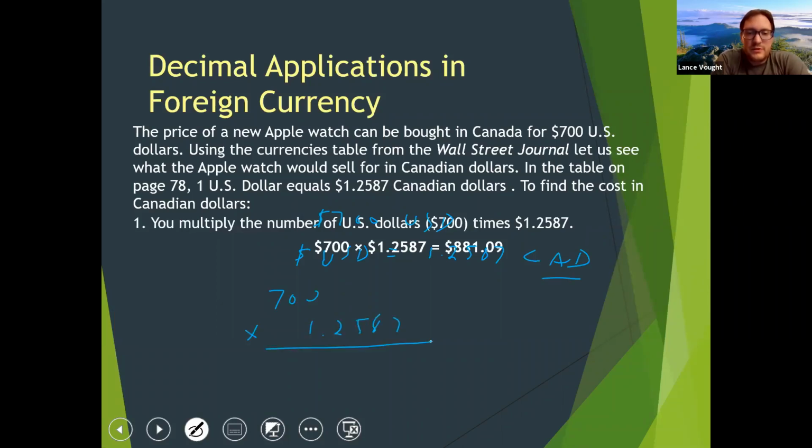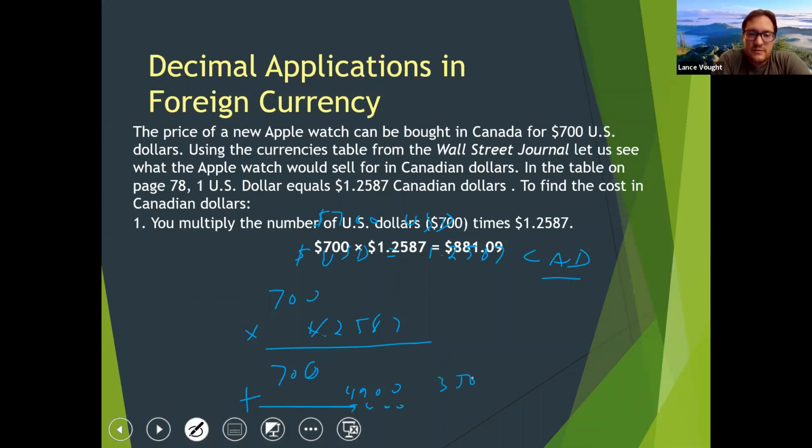The easiest way to do this is to go, okay, it's 700 plus 1 times 700 is 700. We already know it's going to be at least 700. So then we can just ignore that and then do this multiplication problem and not forget to add in the decimals at the end. So 7, let's get 4,900. You get 5,600.